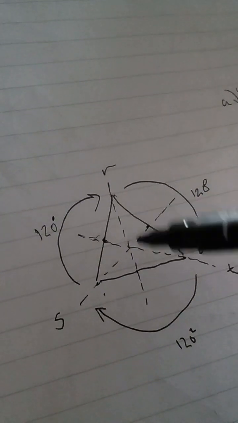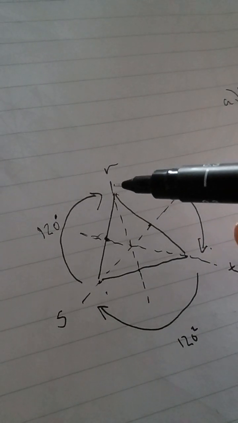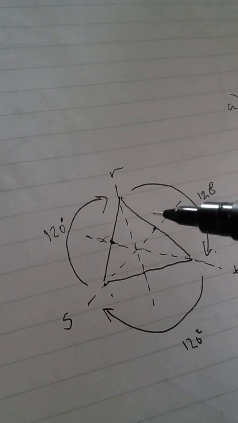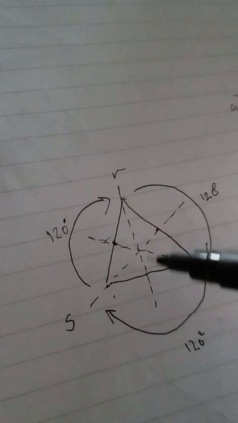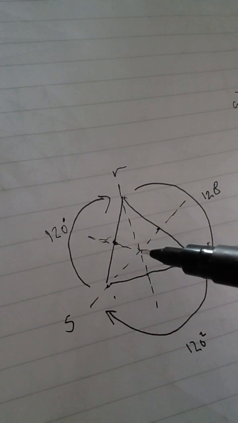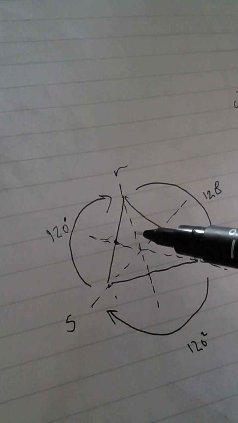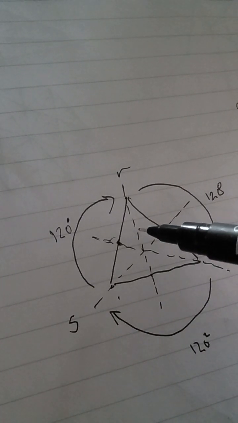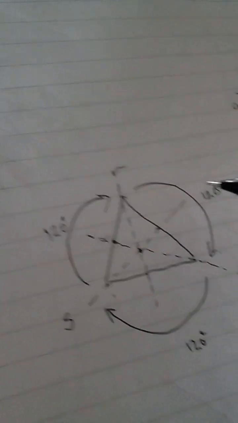But why was I trying to connect this to? I wanted to sort of say that because the reflections leave all the points on the axis unchanged, any two consecutive reflections will leave the points on both axes unchanged. But a point on this axis will be moved by this reflection, and a point on this axis will be moved by this reflection. So the only point that isn't moved is the center.